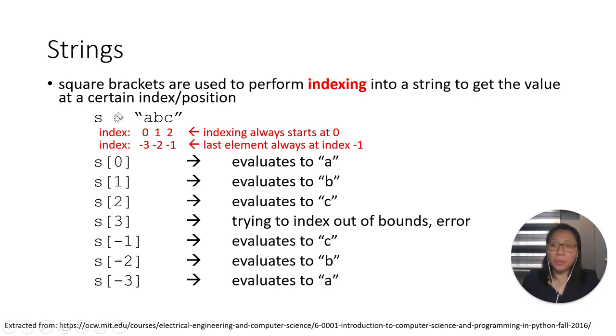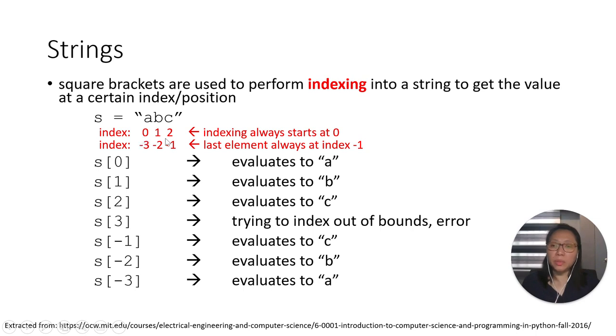For example, again s is assigned the string ABC. Indexing is a way to refer to an element or a character in a string. For now we can think of it as a string, but later on we will discuss it in a more general way when we discuss lists.